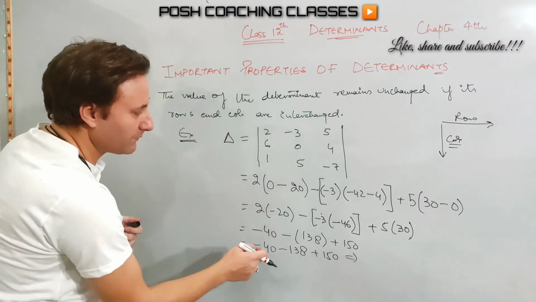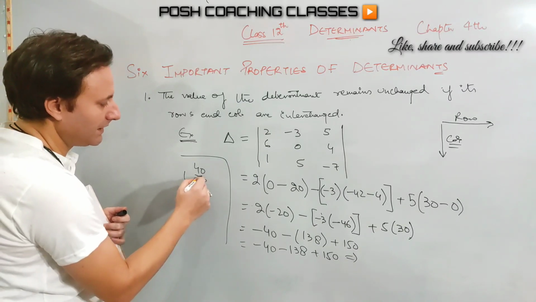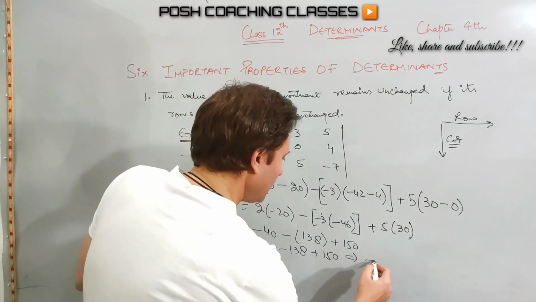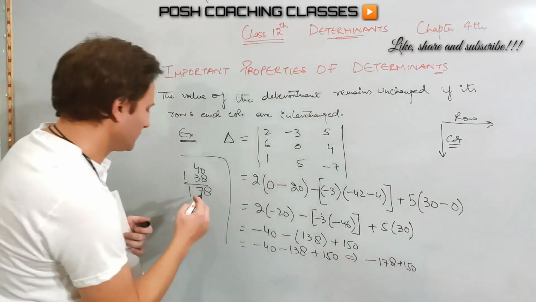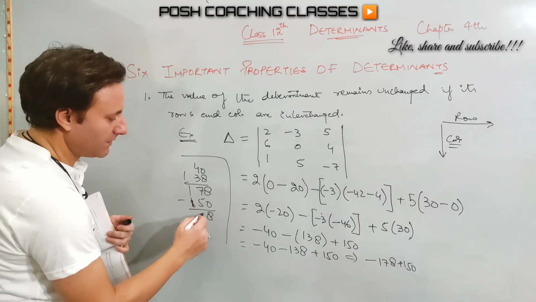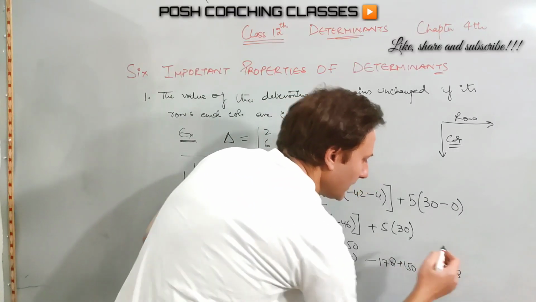We have to add the two negatives: 40 and 138 is 178. So it is minus 178 plus 150. If I deduct 150, we get minus 28.